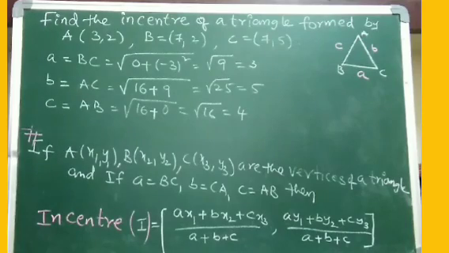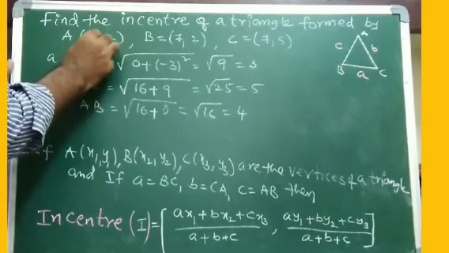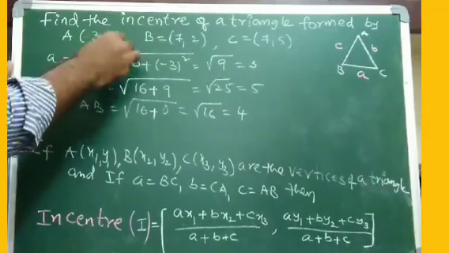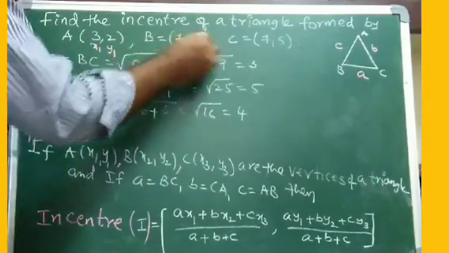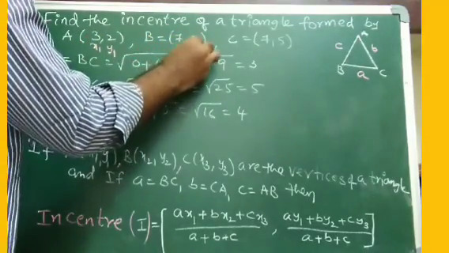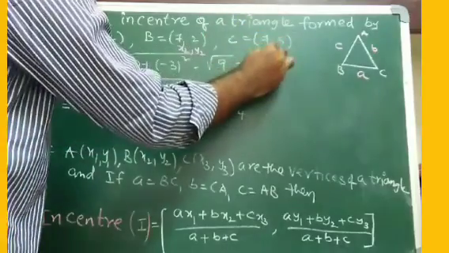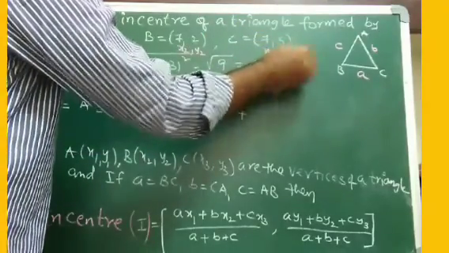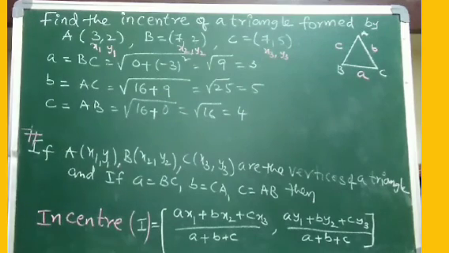As you all know, the coordinates of capital A are x1, y1, capital B are x2, y2, and capital C are x3, y3. Now we need to substitute in the formula.